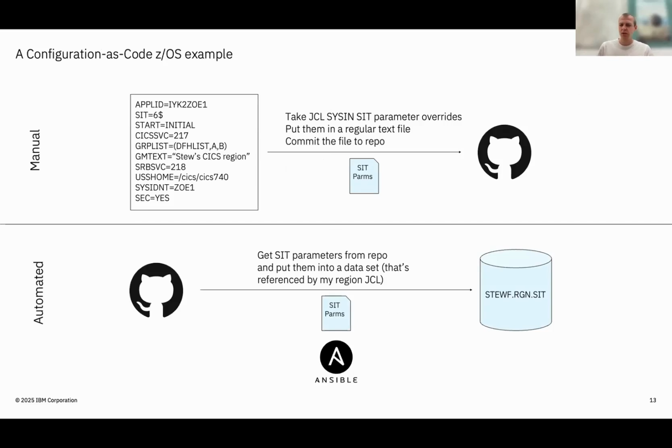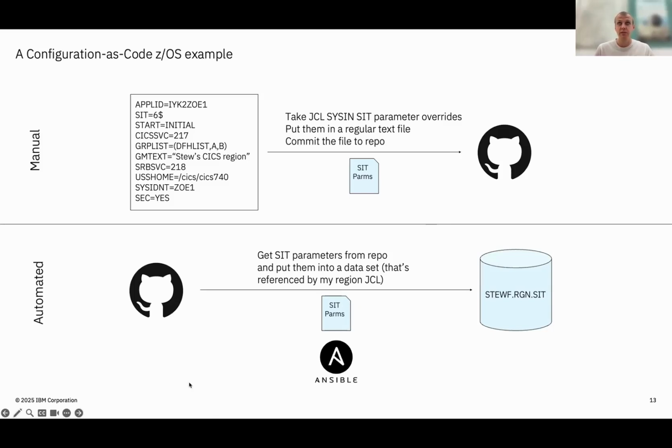This is an example that a customer showed recently at a conference, a high level of what they were trying to do to get configuration as code to work for them. They took their SIP parameters and checked them into GitHub. So now all their parameters are checked into GitHub and they have control and auditability and can see who changes what, and that's great.